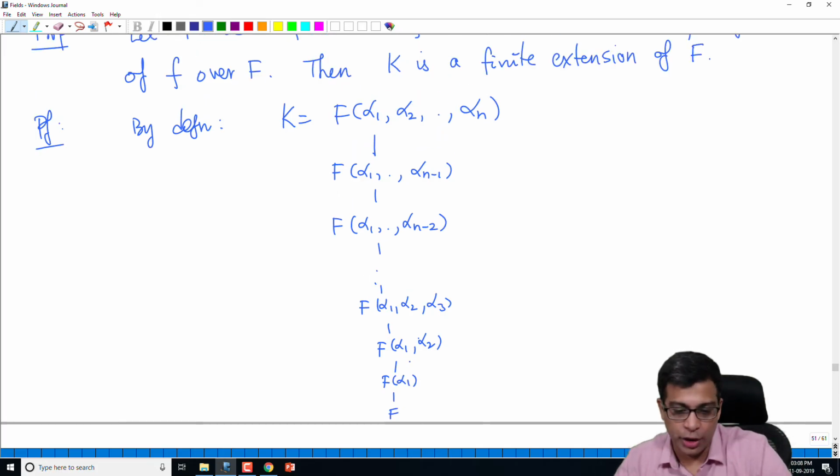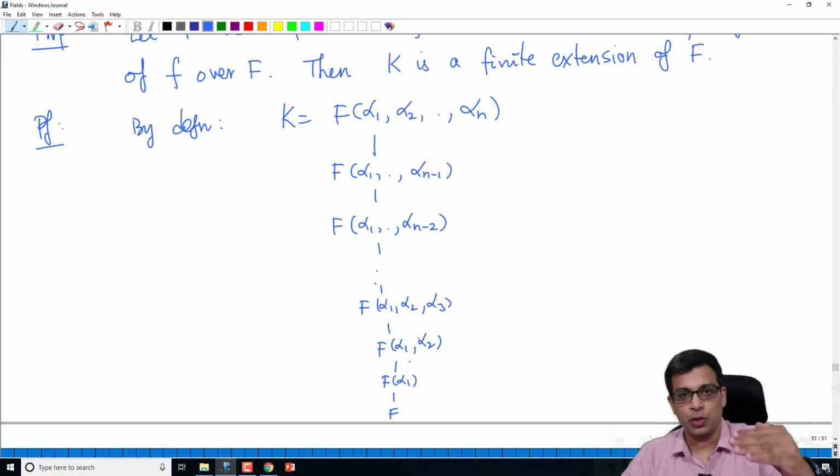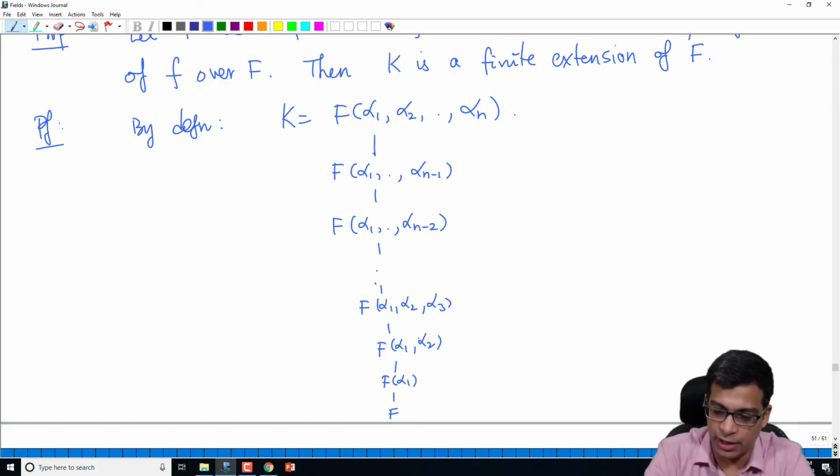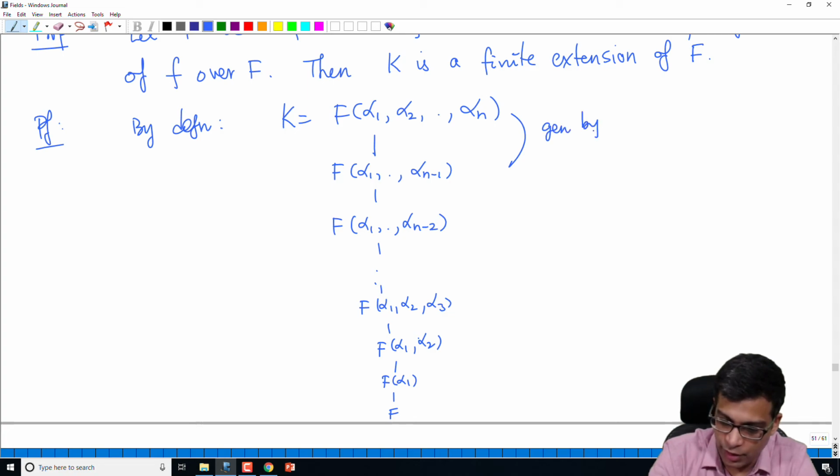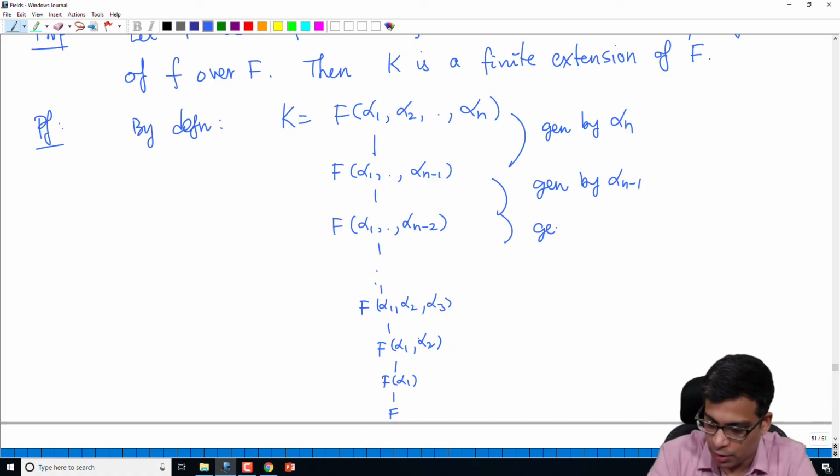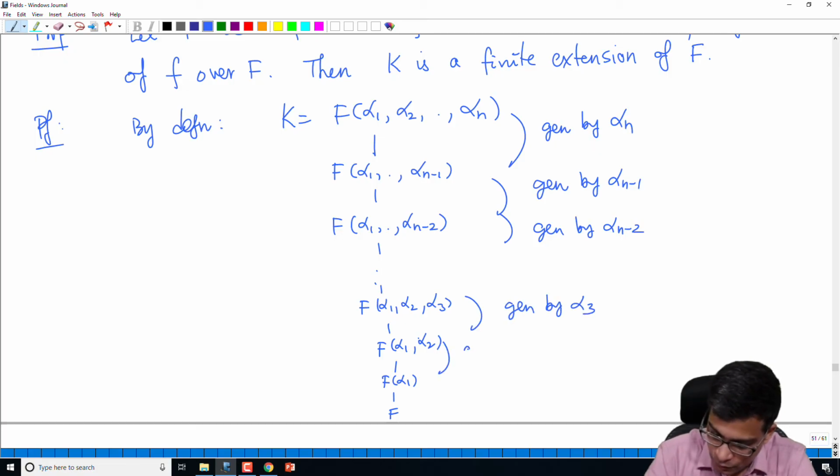So I have broken this up into a series of field extensions where each one is generated by a single thing. So this is generated by alpha n, this is generated by alpha n minus 1, the next one is generated by alpha n minus 2, this is generated by alpha 3, this is generated by alpha 2, this is generated by alpha 1.